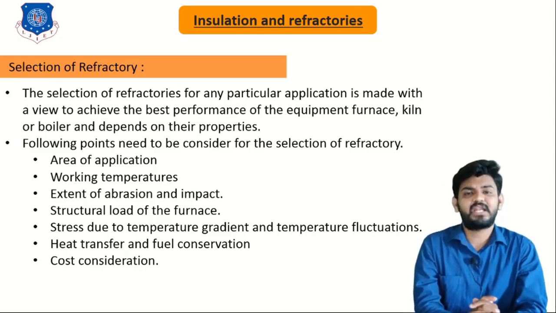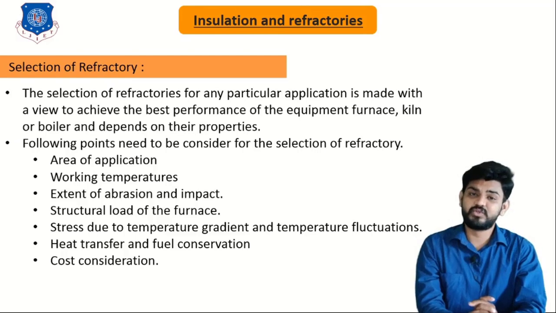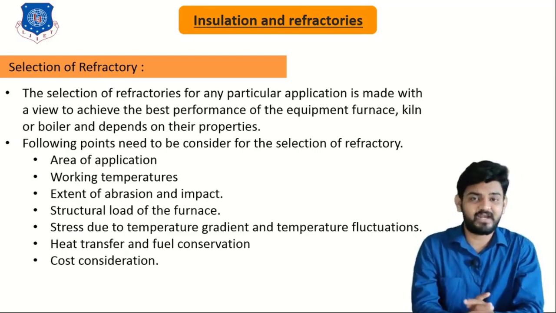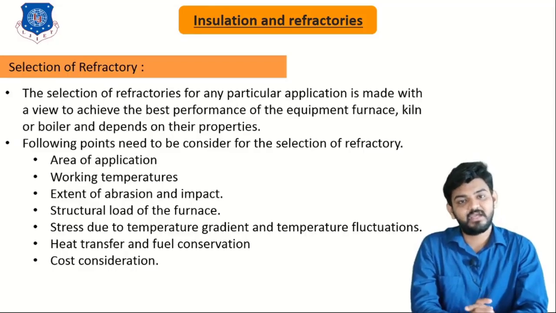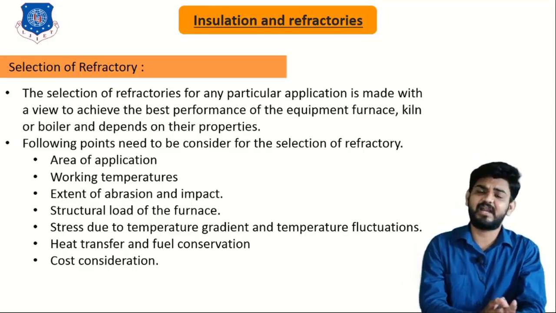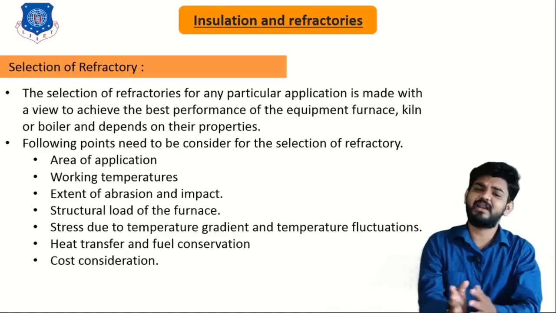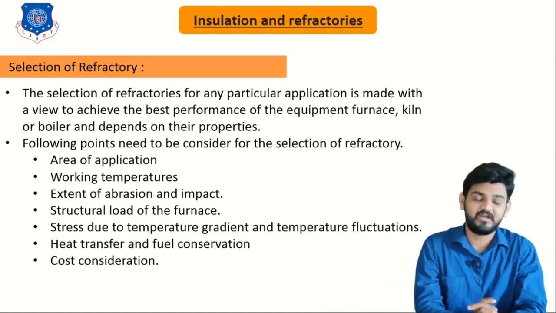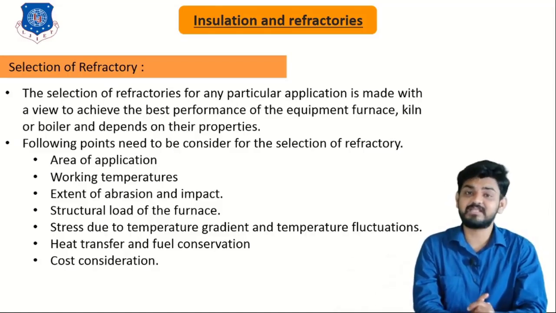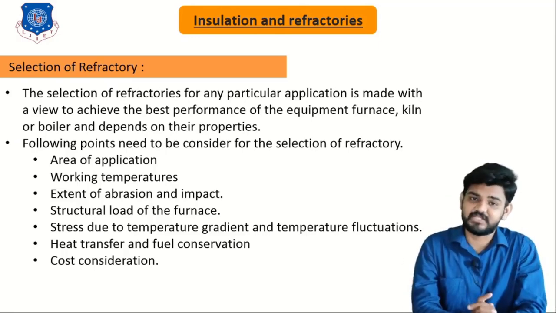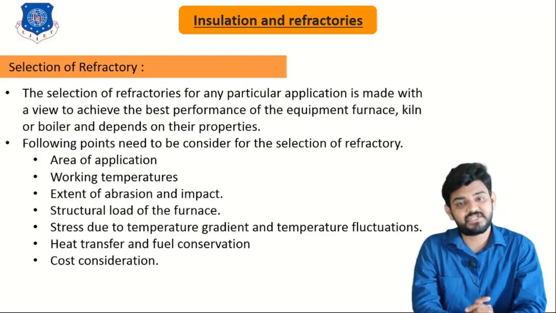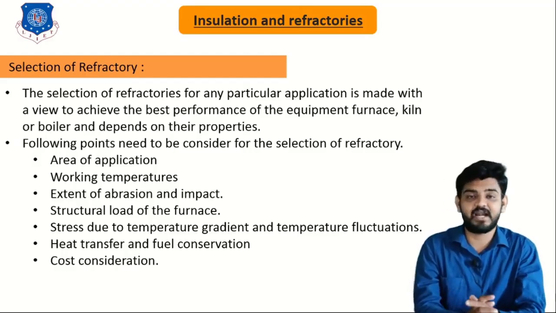A refractory material that can be used for high temperature furnaces cannot be used for boiler application. In the boiler, we are achieving around 100 to 130 degrees Celsius, while in a high temperature furnace, we are discussing about 1000 degrees Celsius, and for such high temperature applications, different types of refractories are required.